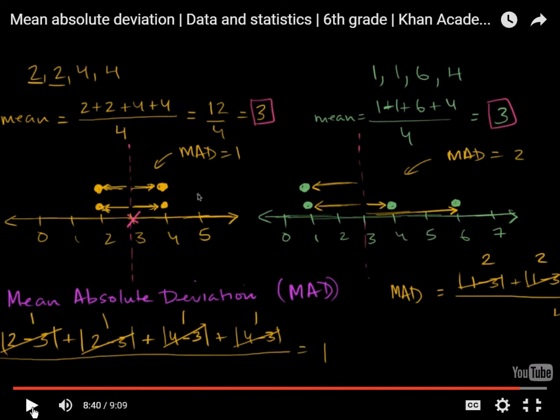Which of the 2 data sets, the first one or the second one, is the 3, the mean, a better measure of central tendency? Number 1 is a better measure of central tendency. But the MAD tells me how far each one of my pieces of data are expected to be away from that measure of central tendency. So it gives me another way to look at it.